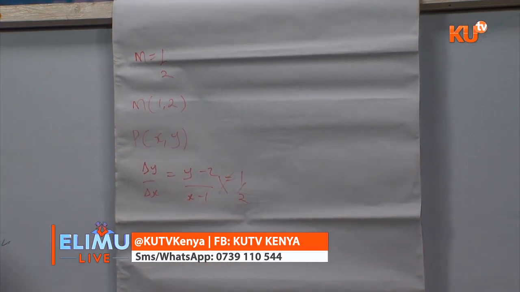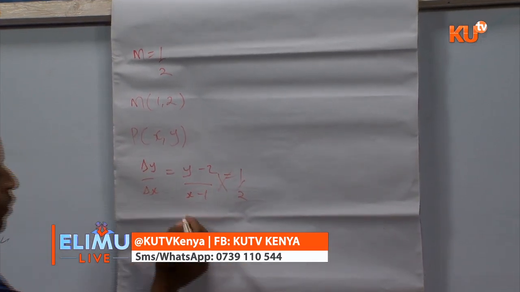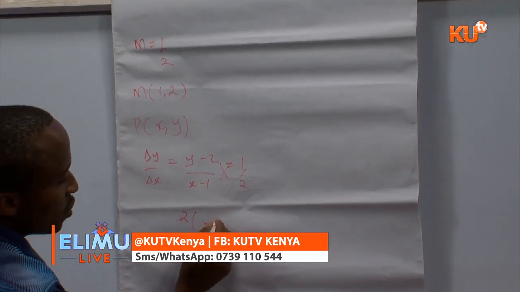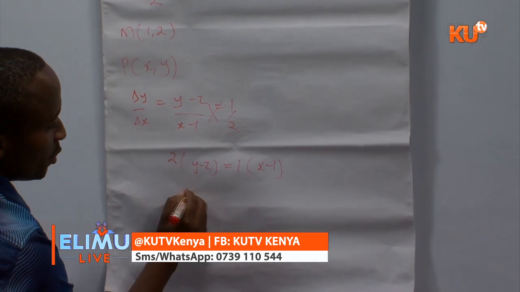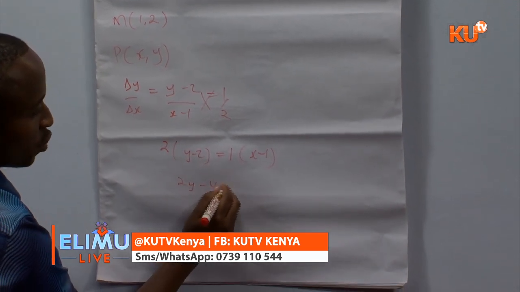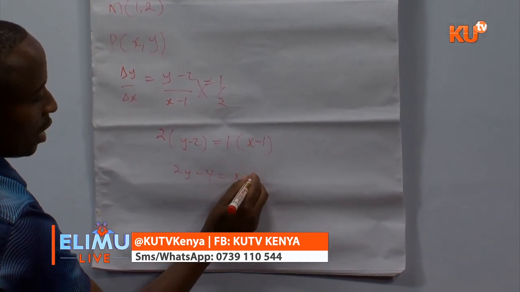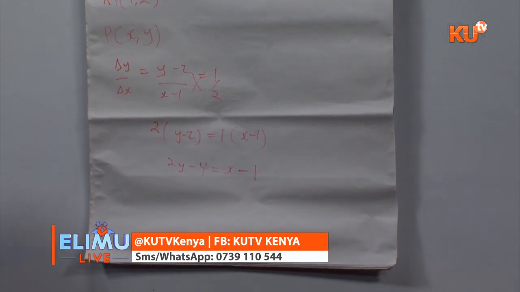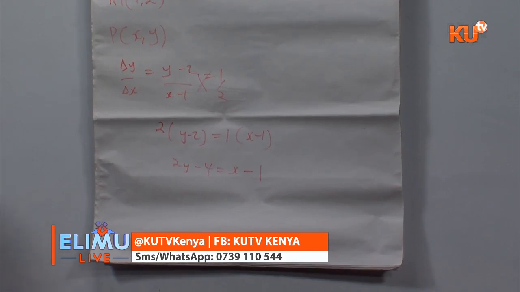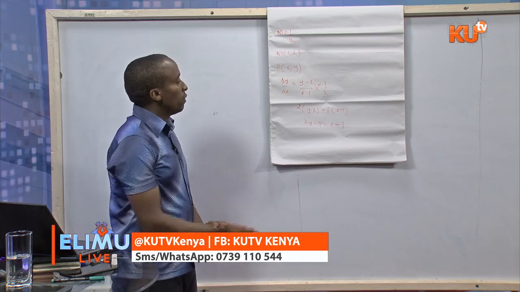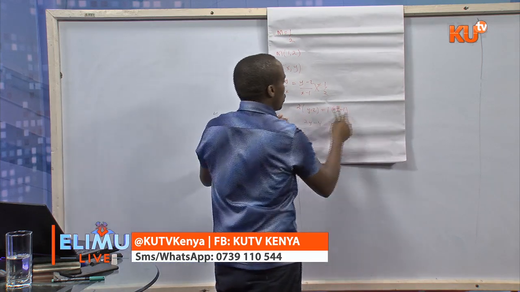Then you cross multiply: 2 multiplied by (y - 2) is equal to 1 multiplied by (x - 1). This becomes 2y - 4 = x - 1. Make y the subject of the formula, because you know the general form of the equation of a line.